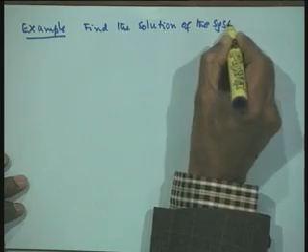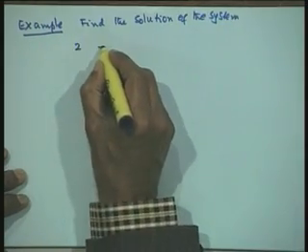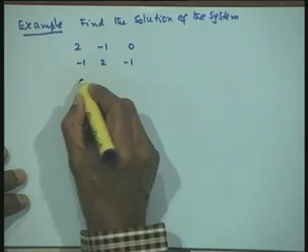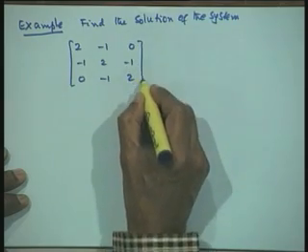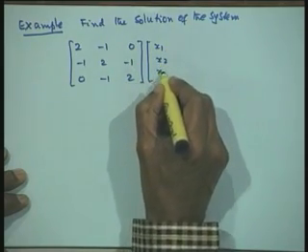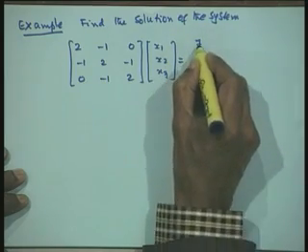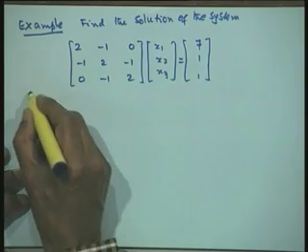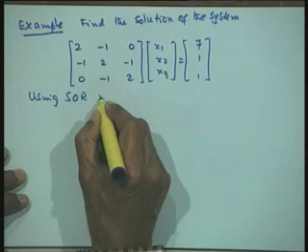Let me take a simple example: the matrix with rows (2, -1, 0), (-1, 2, -1), (0, -1, 2), times (x1, x2, x3), equal to (7, 1, 1), using the SOR method.